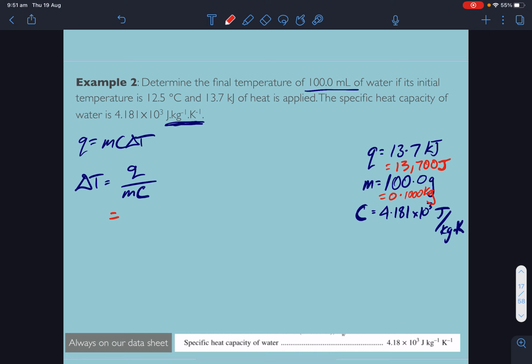So let's start putting it in. My delta T is 13,700 joules divided by my mass in kilograms, 0.1000 kilograms, times my specific heat capacity, 4.181 times 10 to the 3 joules per kilogram per Kelvin.